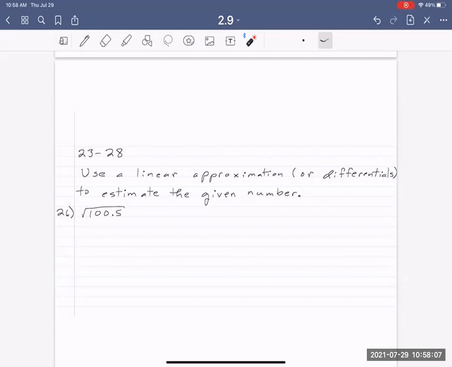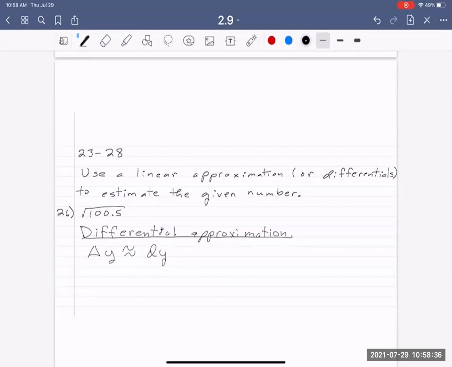Okay, so recall that we have the differential approximation, that the change in y is approximately equal to dy. That was the big take from this section. It's really what we did in the beginning of this chapter.